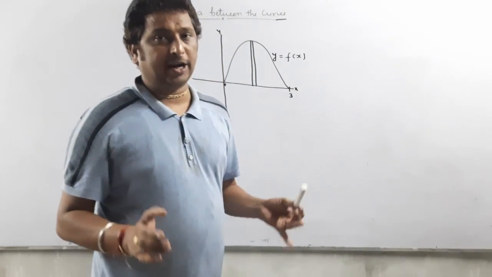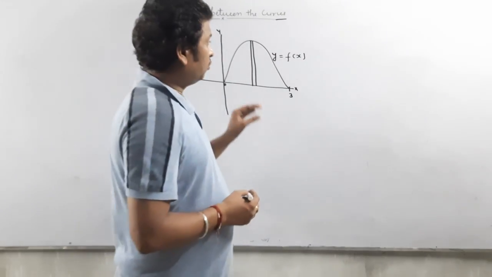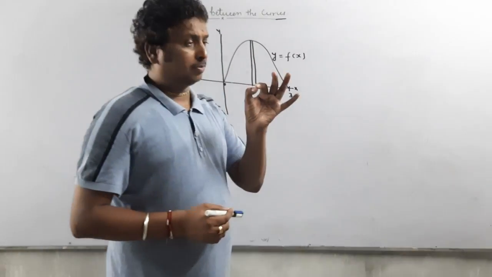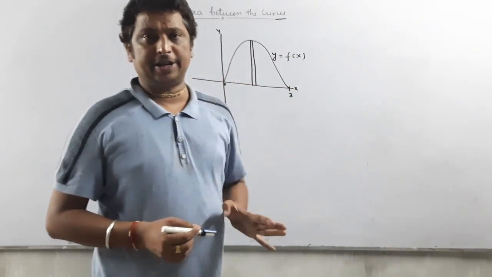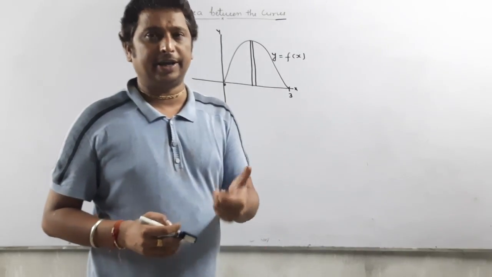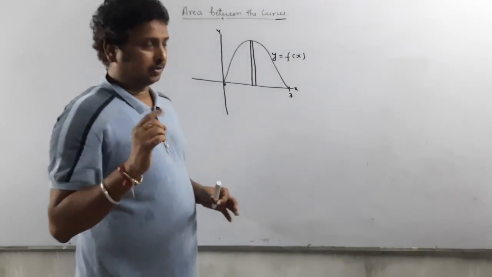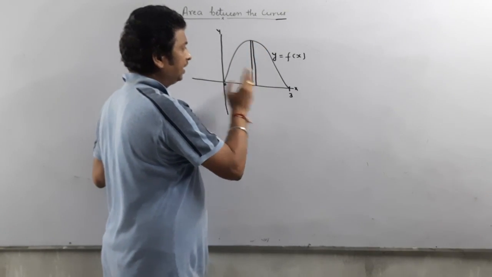A bounded region is required to calculate area, otherwise the area will become infinite. So the first part is to find the bounded region for which we are going to calculate area. Once you know that, then draw a vertical line in that region.